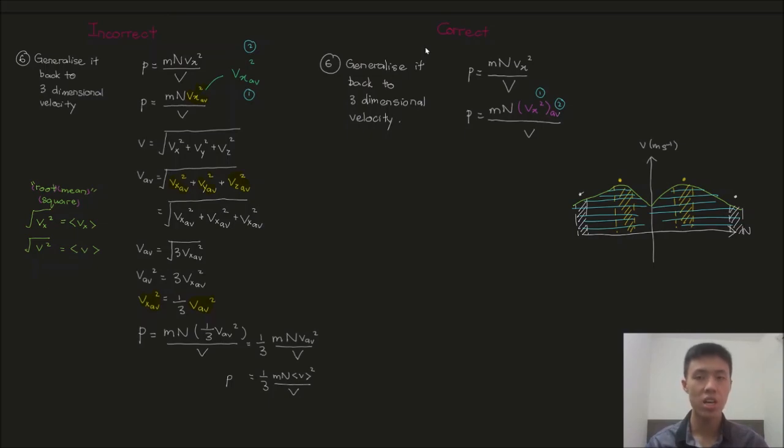To get around this 0 average velocity, which is meaningless, you don't want 0 as your answer, what you do is you square first. When you square the value, all these things here are negative velocity, but once you square it, they become positive velocity square.